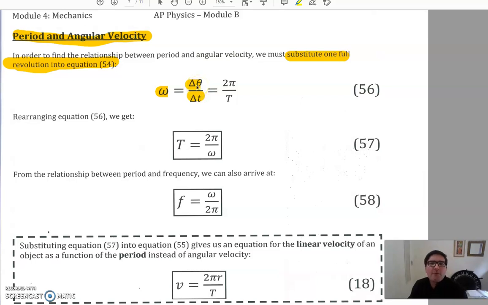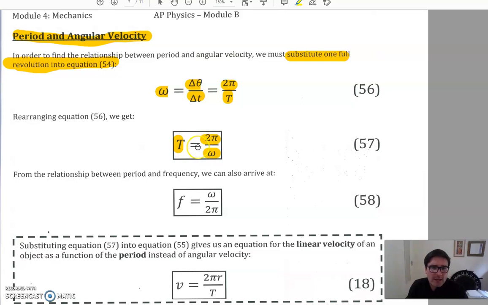A full rotation is equal to 2 pi radians, and the time for one revolution is the period. So 2 pi divided by period is equal to your angular velocity. In other words, period is equal to 2 pi divided by the angular velocity.